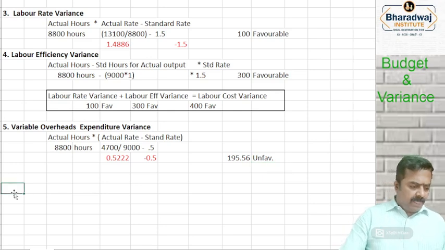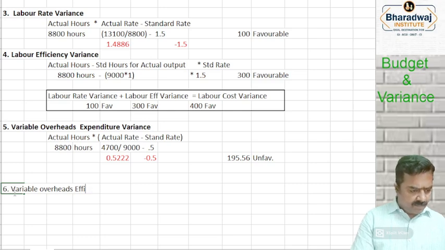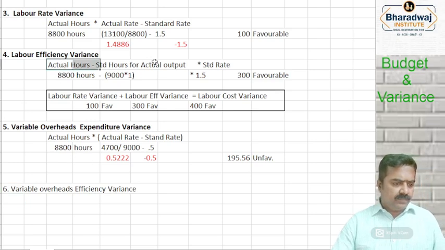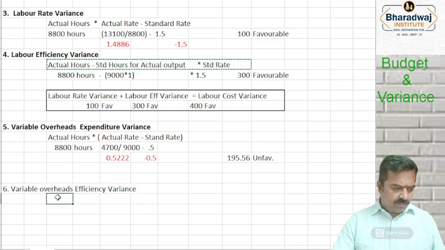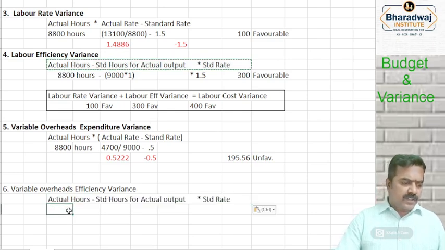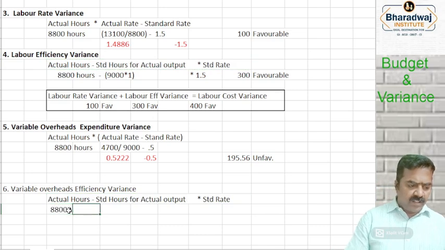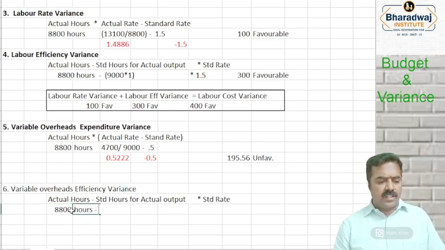Next, variable overheads efficiency variance. Actual hours, 8,800 hours, minus standard hours for actual output.